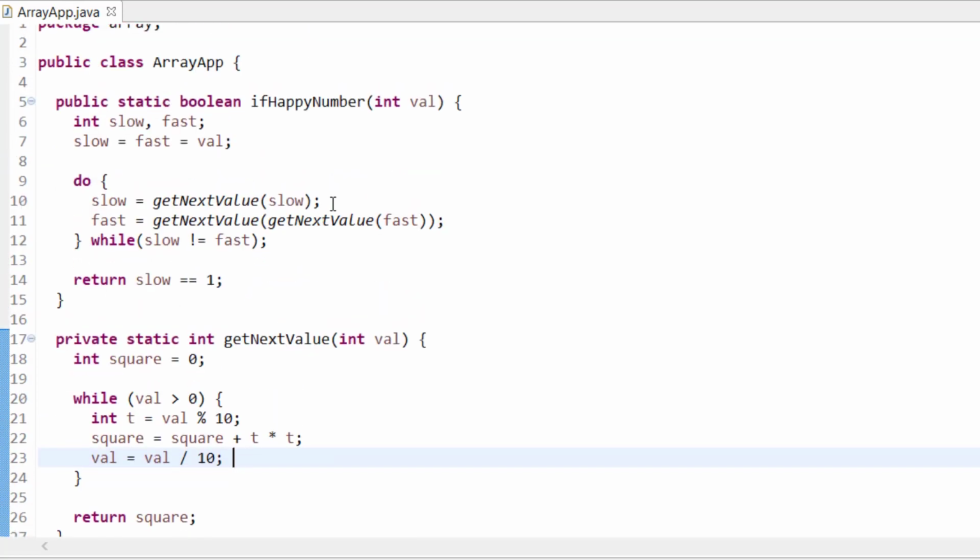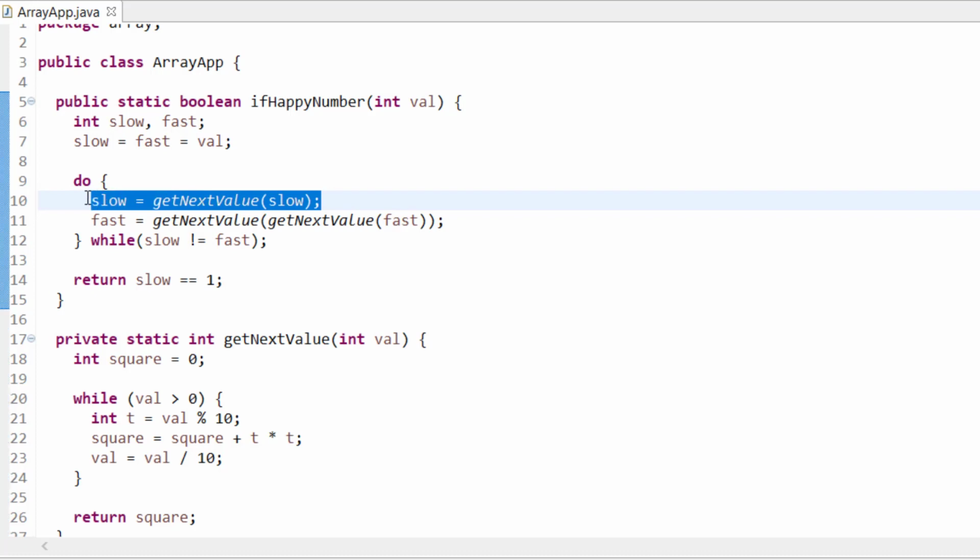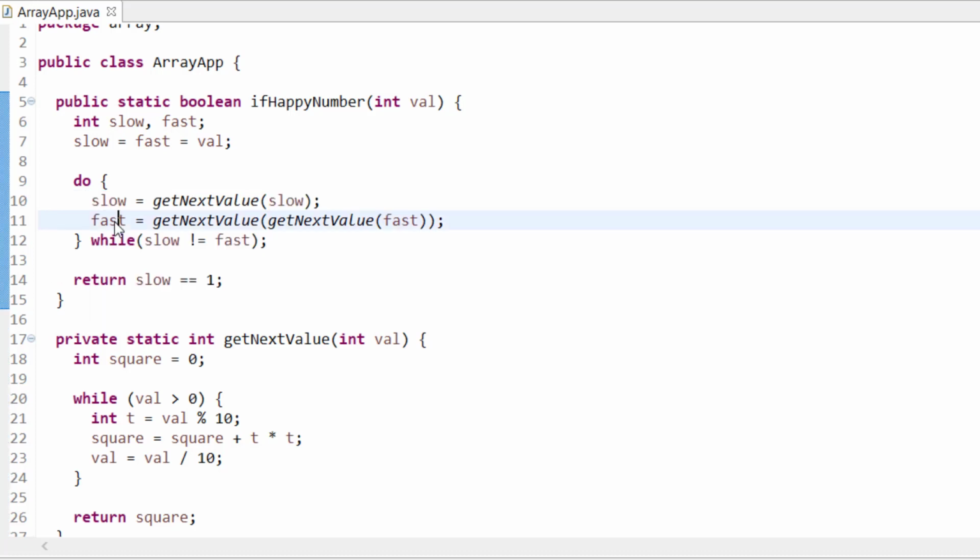So for slow, because it will move by one position, we are doing it only once. Now for fast, because we know that fast will move by two positions, first I'm calling getNextValue, and then again I'm calling getNextValue. So it will basically jump by two positions, right? And now we'll operate this until slow is not equal to fast.